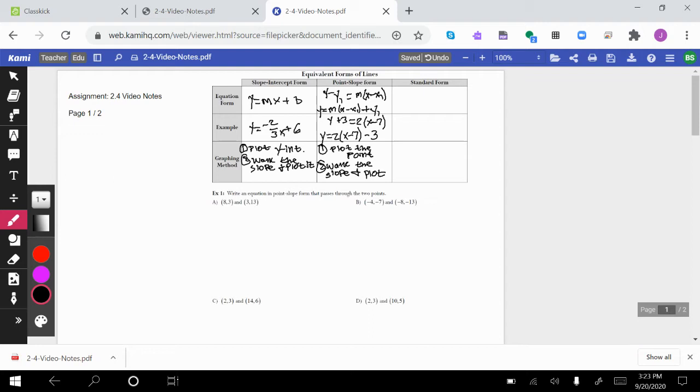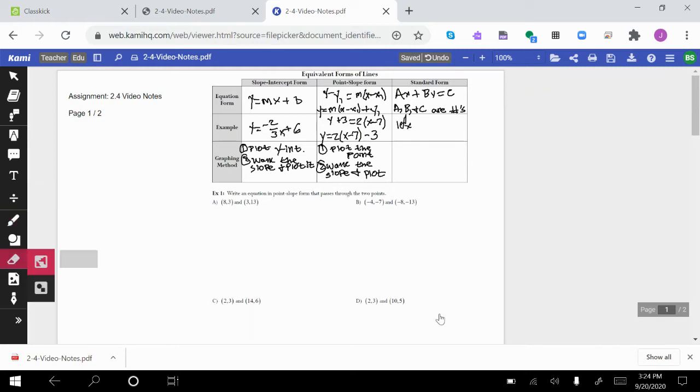And then the last form of writing an equation for a line is standard form. So we have ax plus by equals c, where a, b, and c are numbers, or integers. An example of that would just be 10x minus 5y equals 30. There are two ways that you can graph this.